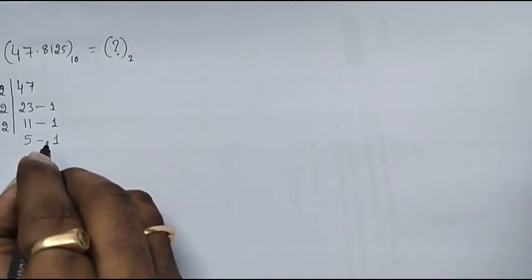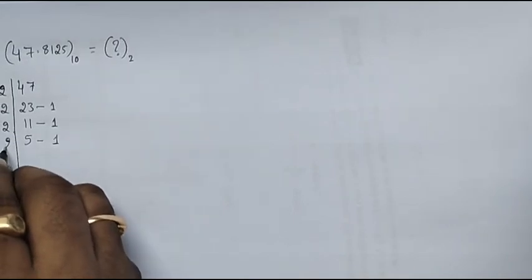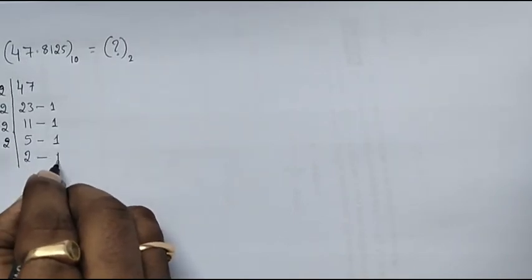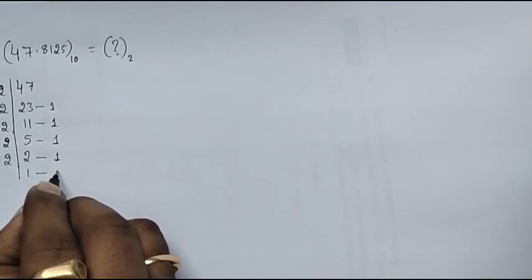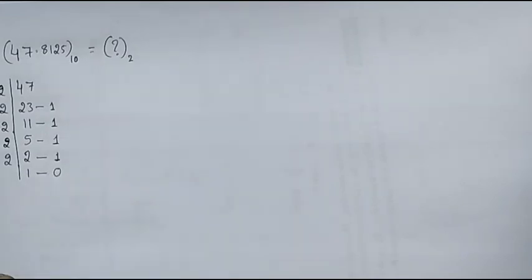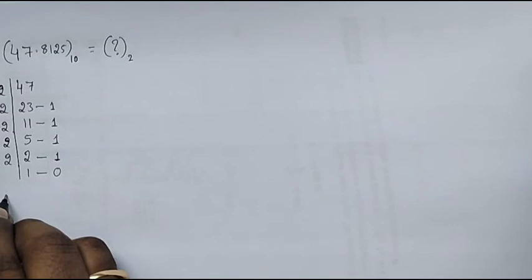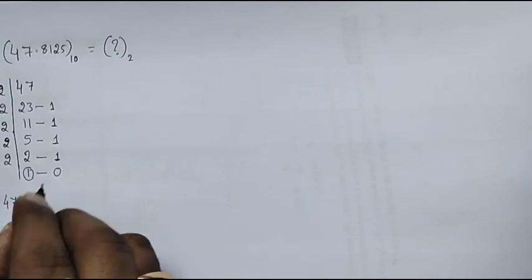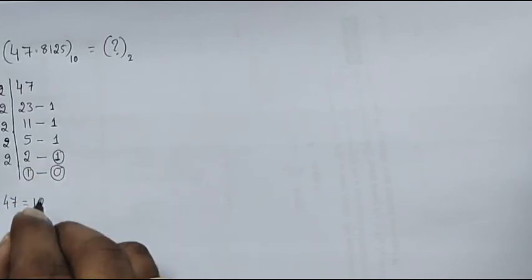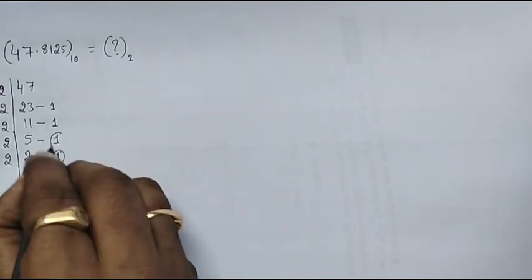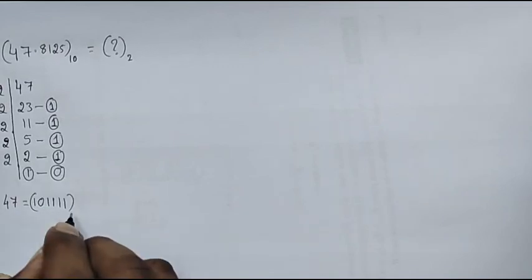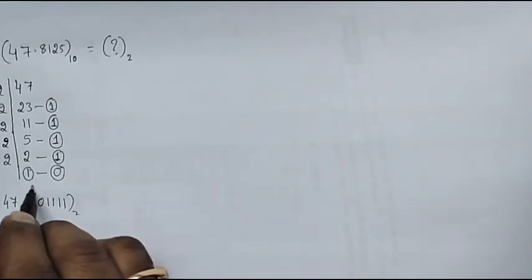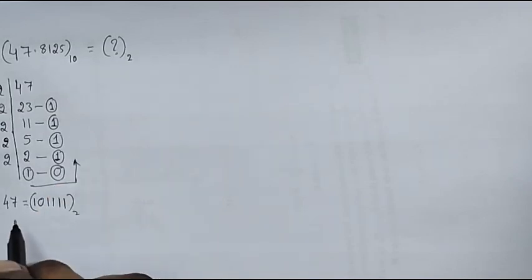Then 5, remainder is 1. Then 2, remainder is 1. Divide 2 by 2, we'll get 1 and the remainder is 0. Therefore, the binary representation of 47 is 101111.